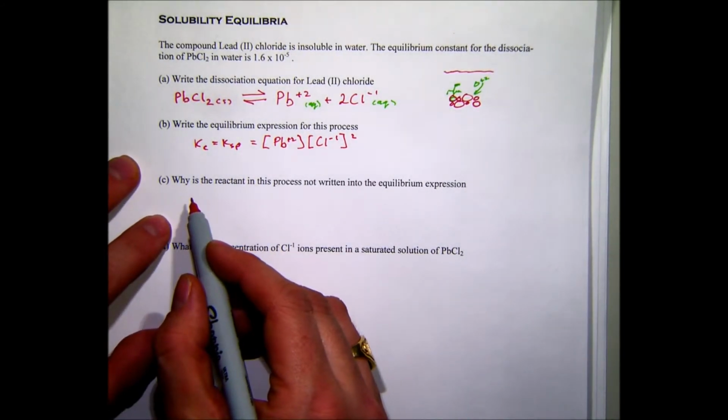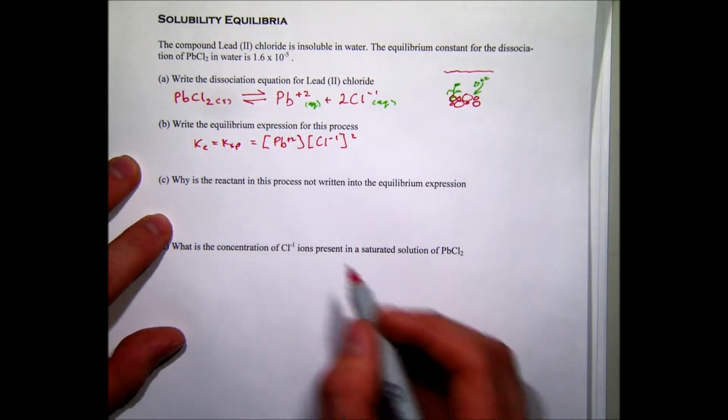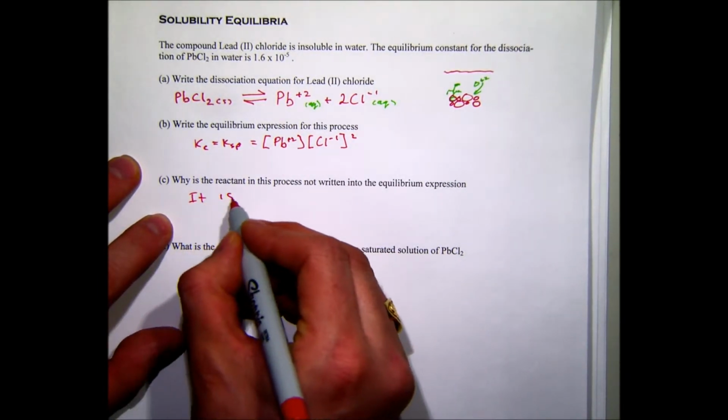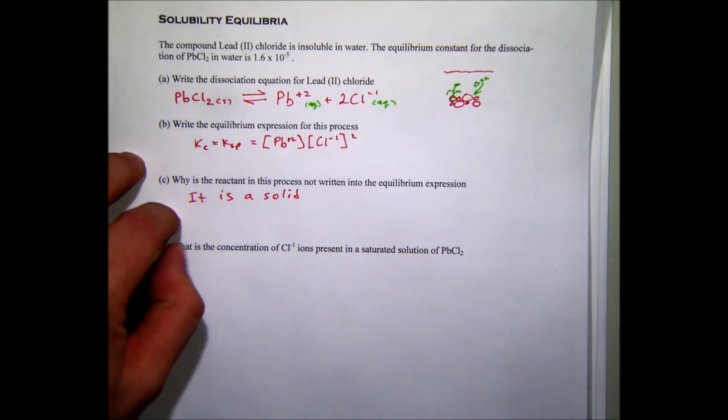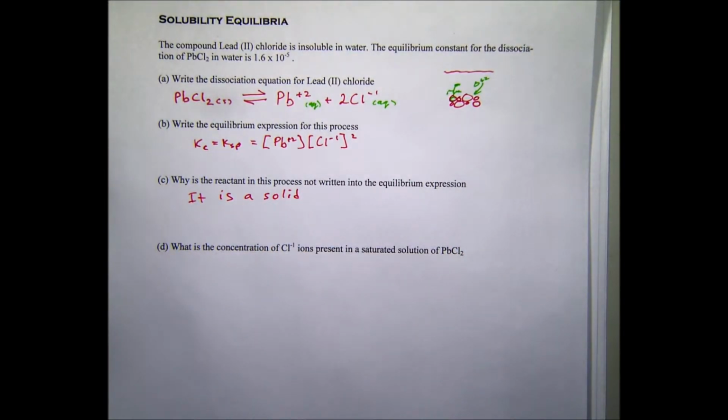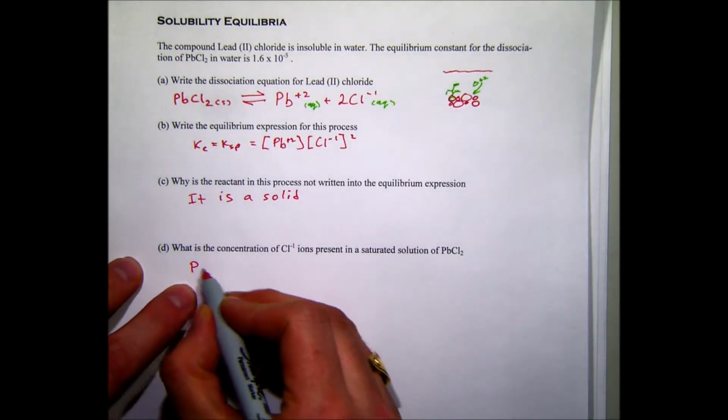So question C says, why is the reactant in this process not written? We can just write it is a solid, which is never included in equilibrium expressions, of course. So what is the concentration of chloride ions present in the saturated solution of lead chloride?